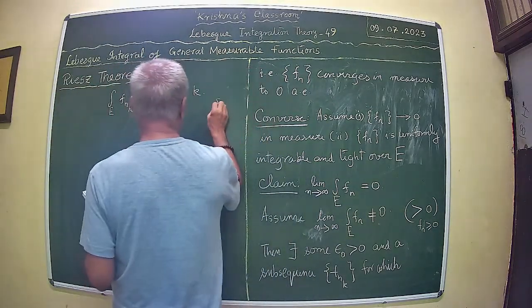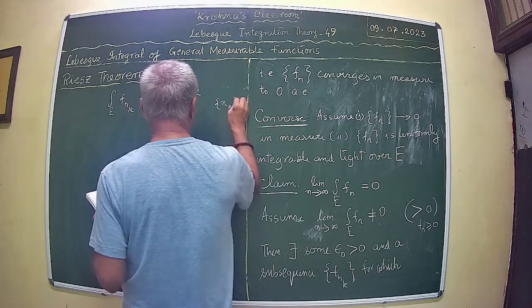So what we have is now a subsequence corresponding to nk.